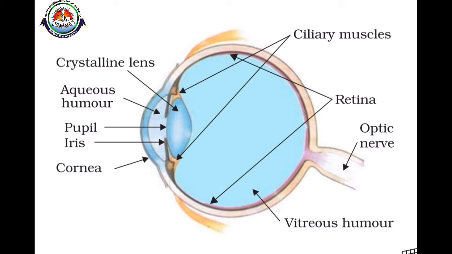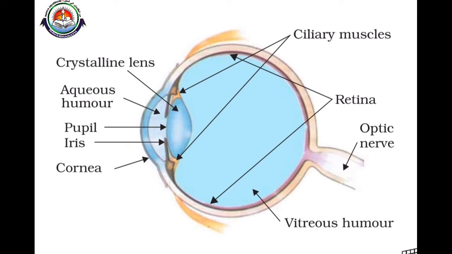Then the next one is the pupil. The pupil is a black opening between the aqueous humor and the eye lens. In the figure you can see the aqueous humor.